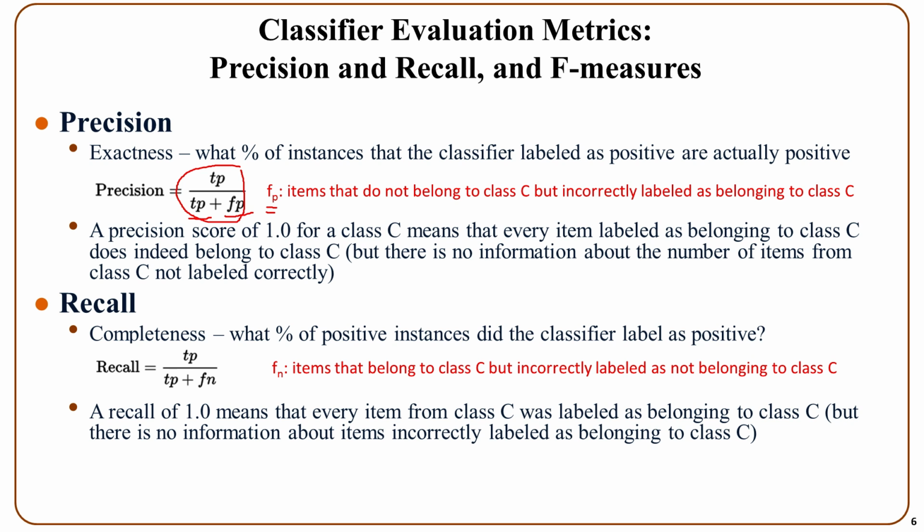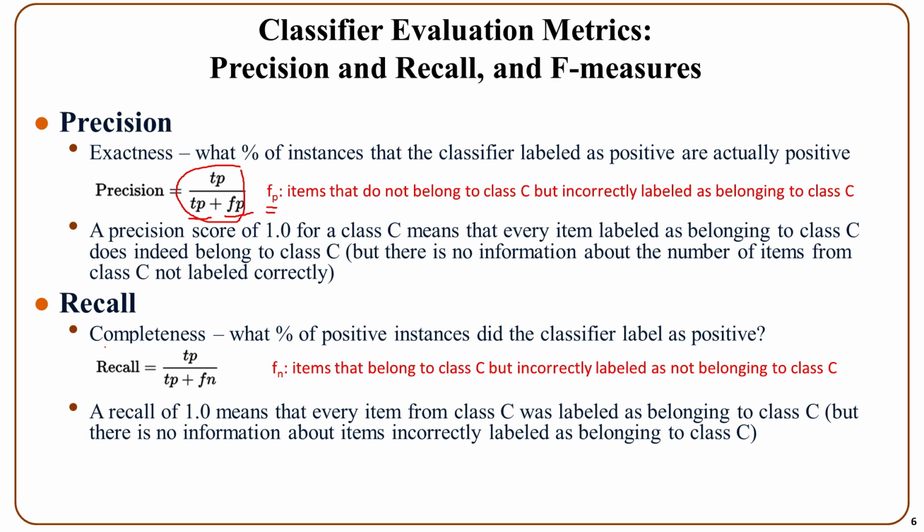False positive is the number of items that do not belong to a class C but are incorrectly classified as belonging to class C. And the precision score of 1 for class C means that every item labeled as C actually does belong to C. But be careful here. There is no information about the number of items from C not labeled correctly.